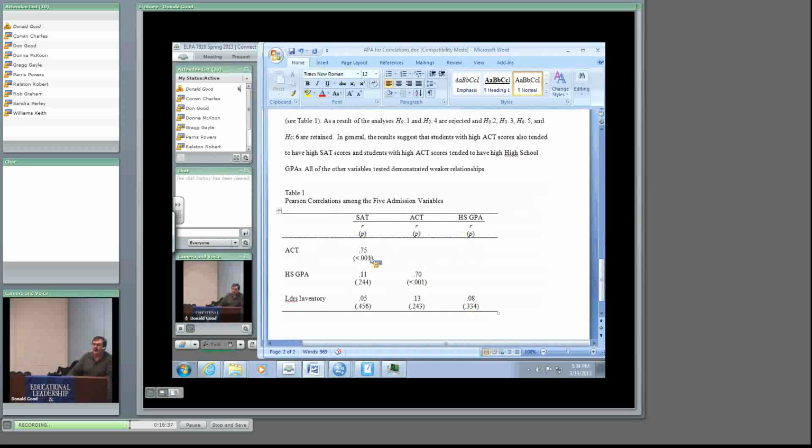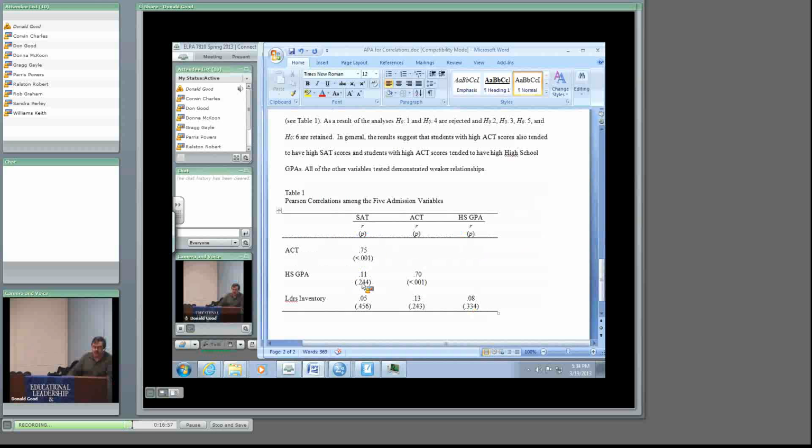Remember that the p-value is never 0, even though it'll tell you 0 on the SPSS output sometimes. That's because it only has 3 decimal points to use, so it's smaller than the number of places it can use. So we never say 0. If it says 0, you're going to put less than 0.001.